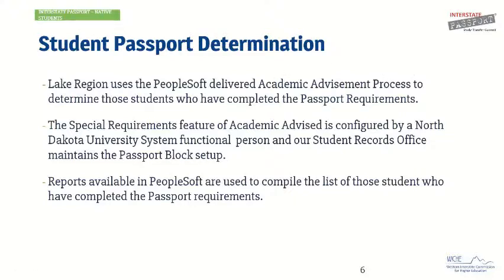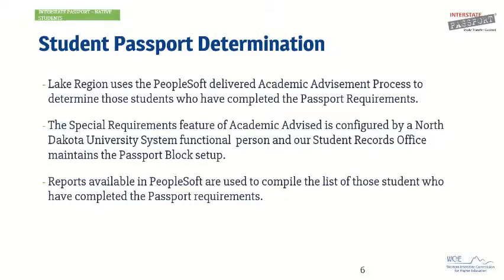The student records office, however, just built the block in there. And so what we do is we run the passport audit against all students who have completed at least a bare minimum of classes to find out if they're eligible. We do this each semester. Then at the end, of course, we do post them.